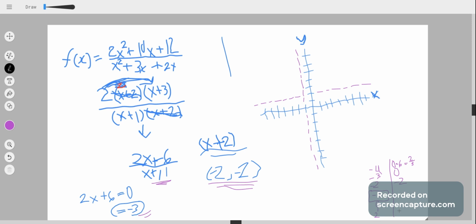Negative 1 is undefined. And 0 is going to give you 6. 1 is going to be 4. And 2 is 10/3.